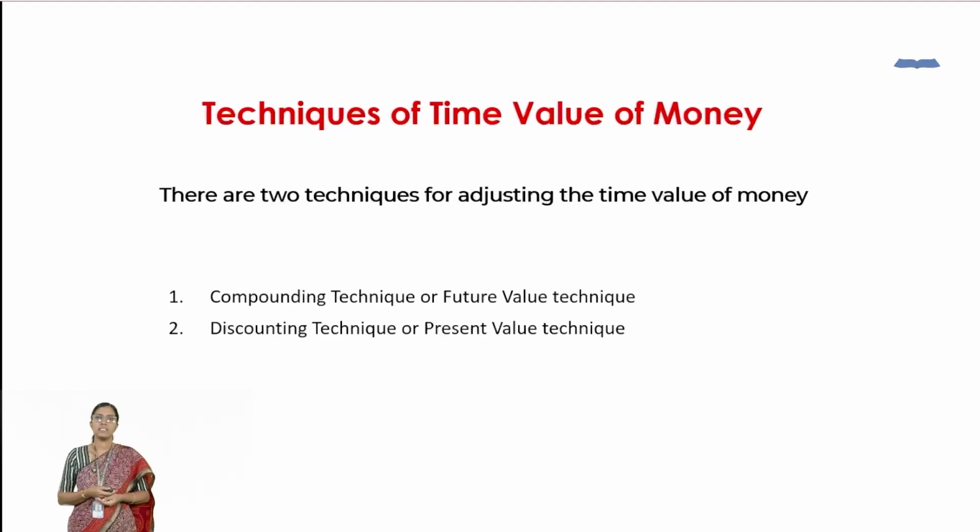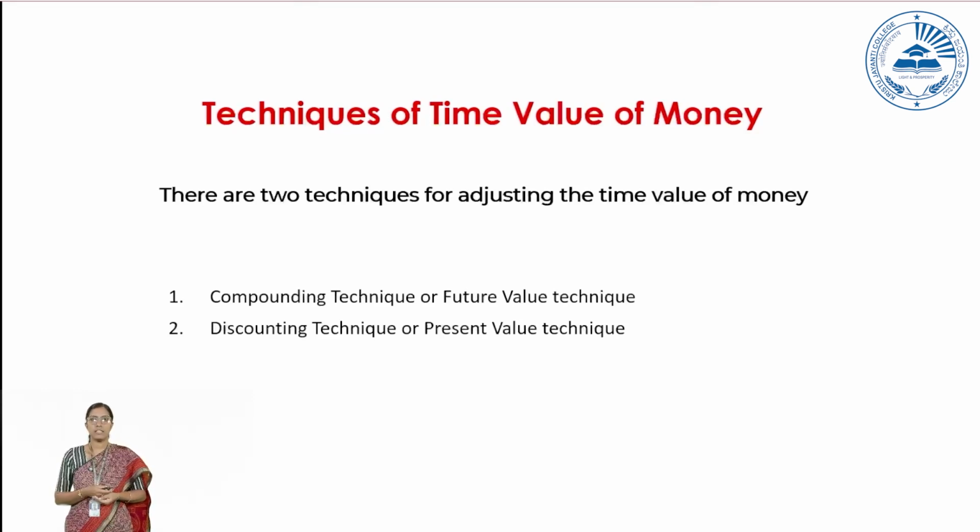The future value technique is a technique where we start from today. From today, we are finding the value of the same amount tomorrow or on a future date. So from present to future, if we are calculating, it is known as the compounding technique. The second technique is the discounting technique, which is the exact opposite of the compounding technique. Discounting means we will be given a future value of money, and from that future value, we are calculating today's value or current value or present value. So that is also known as the present value technique.